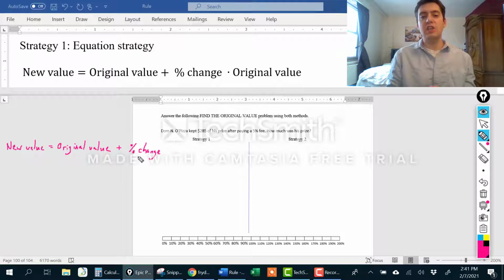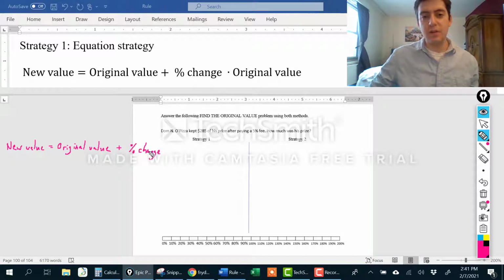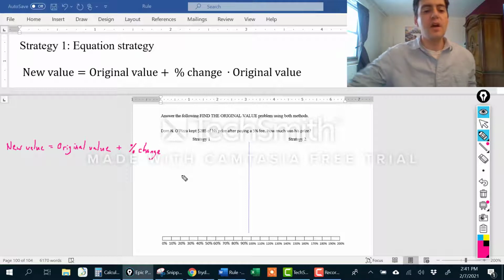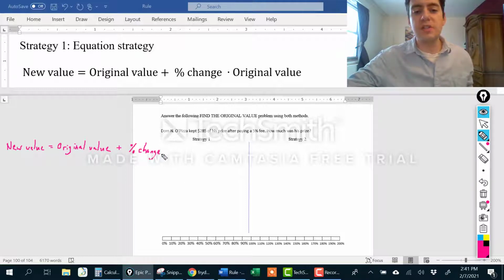If the percent of change is negative, so something is going down, then you'll put a negative number here, and then you have plus a negative number, which is like subtracting a positive number. So original value plus the percent of change times the original value. So notice that we have the original value twice in this equation.